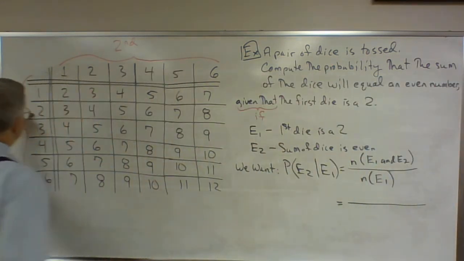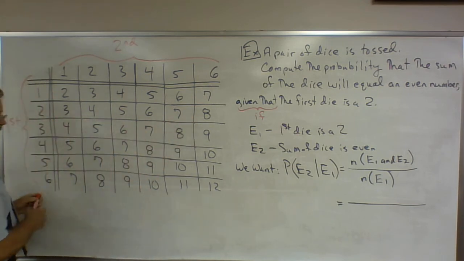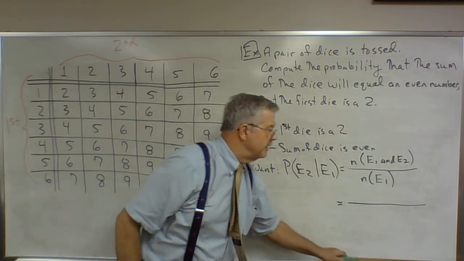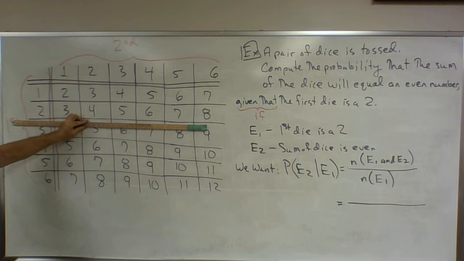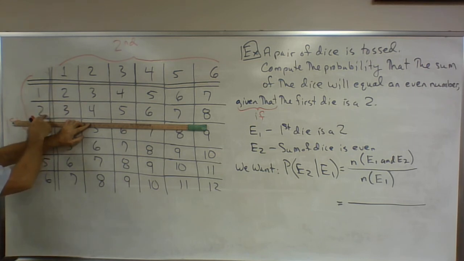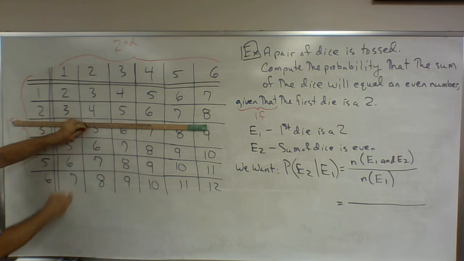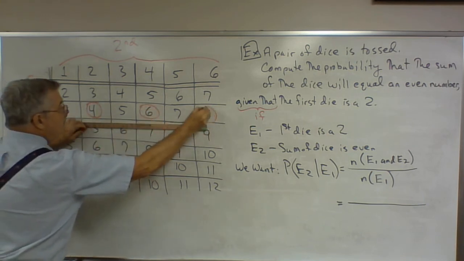Okay. This row is the set of all outcomes in which the first die is a 2. So let's see. This is even, this is even, this is even.